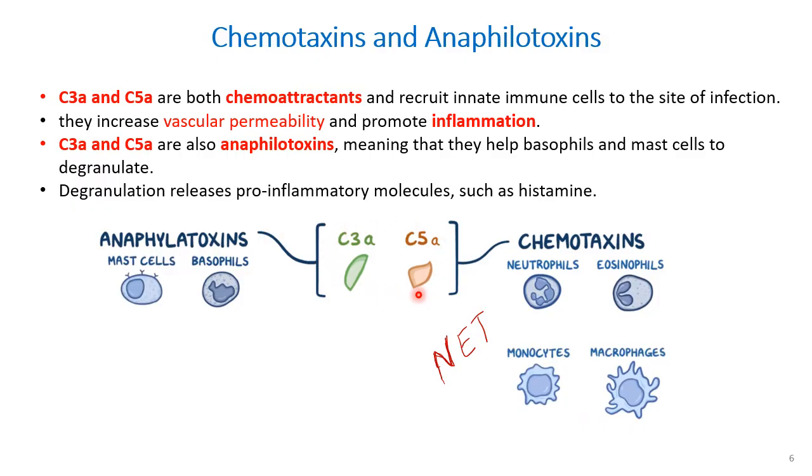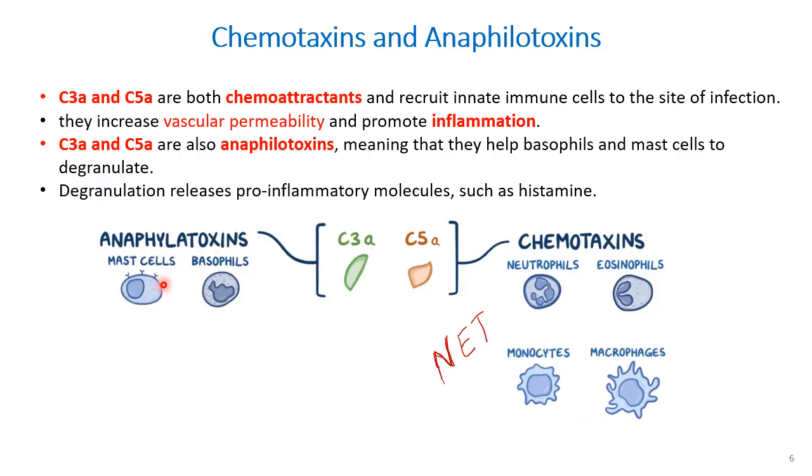The presence of these guys over here helps with this process of activating those leukocytes. So these are not only chemotaxins, they also are anaphylatoxins. That means they activate the effector function of those white blood cells, including the NET formation.